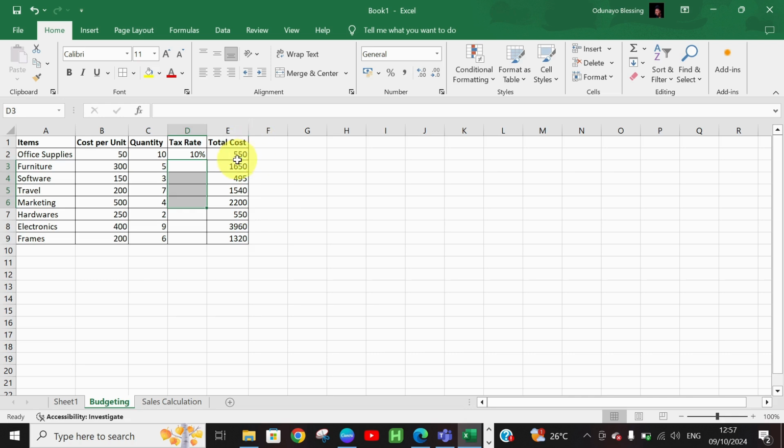Now, when you check here, you realize that the D is locked up. This one is locked up, and we have a figure.